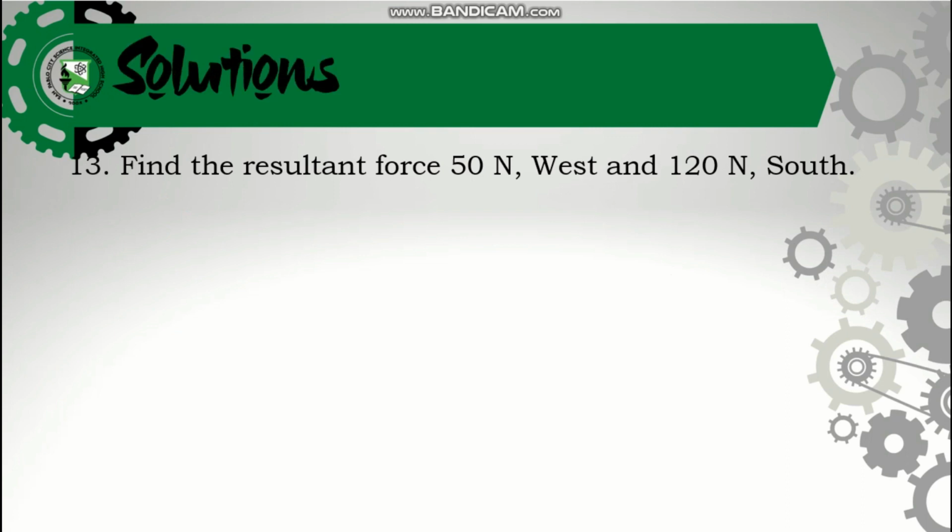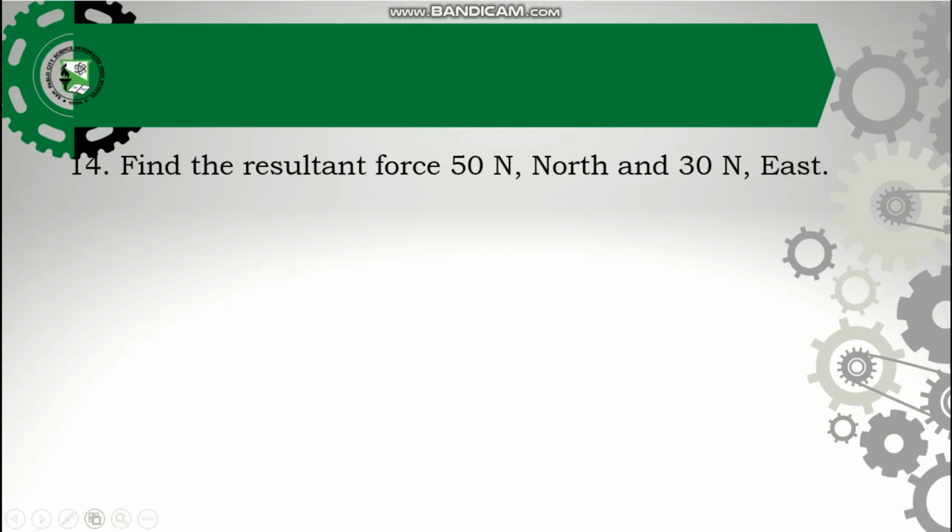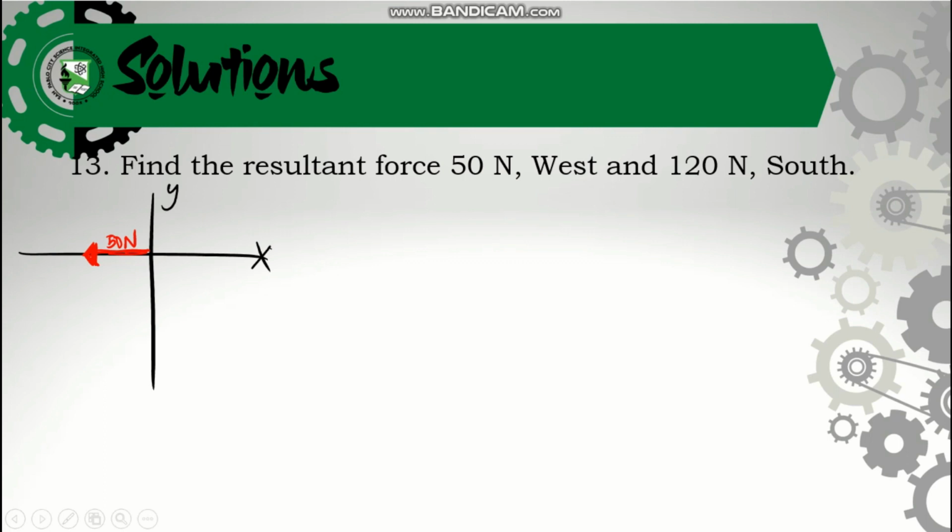Number 13, find the resultant force of 50 Newton west and 120 Newton south. Okay, so please have the diagram. So we have a Cartesian plane. We're going to write first the west, which is 50 Newton. Since western yan ay nasa negative x. And then 120 Newton, which is south, we have on the vertical negative. Okay, so 120 Newton.